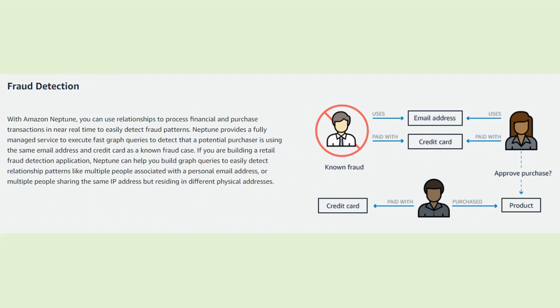Suppose there is a known fraud which may use the same email address and pay with the same credit card. So when you approve a purchase of a product, there may be OTP or different kinds of things that could be implemented with graph queries, and that may identify different kinds of frauds. So you may be nearly secure against certain kinds of frauds.